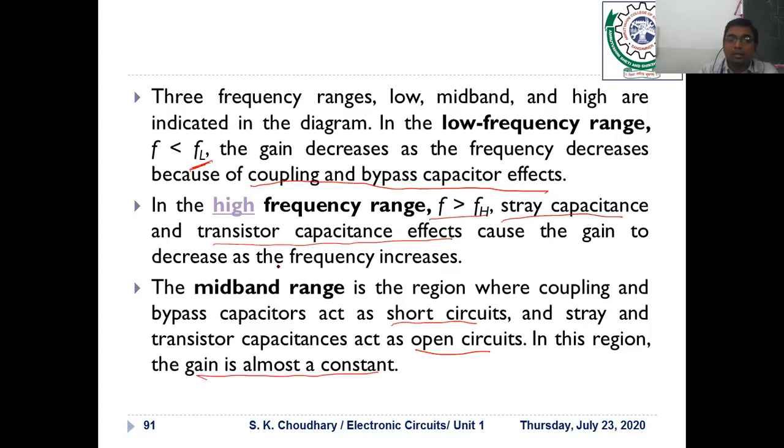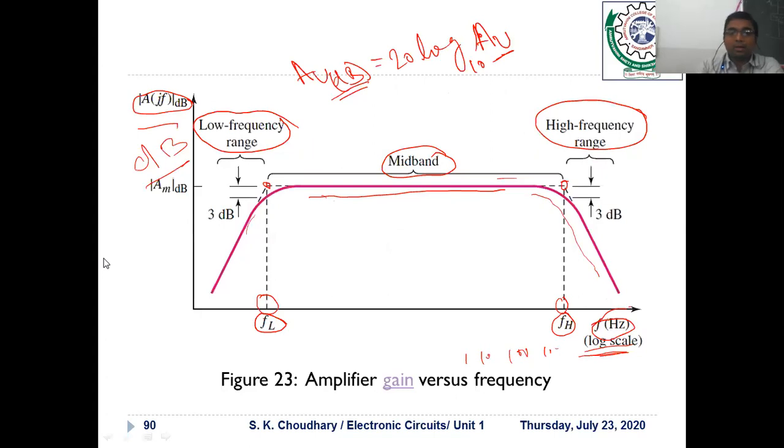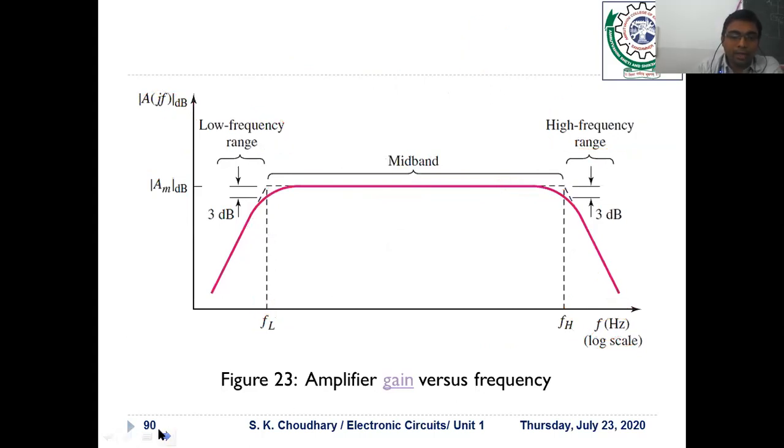You can also see this in the graph. So everyone draw this graph. This is the main description. Here we have to define three ranges of the frequencies. When your applied frequency is less than FL, that is the low frequency range.